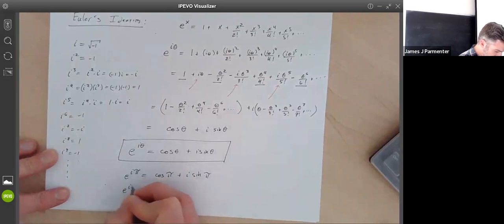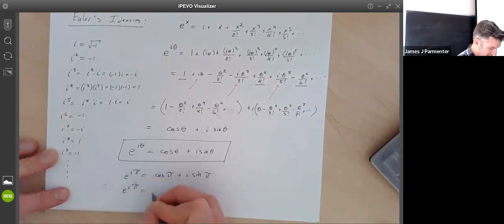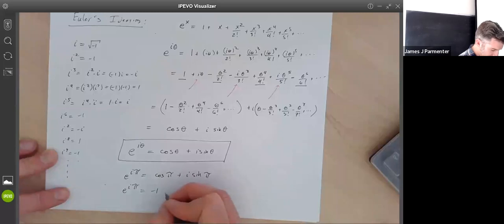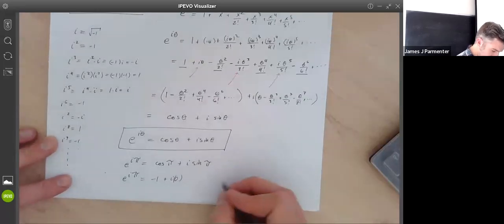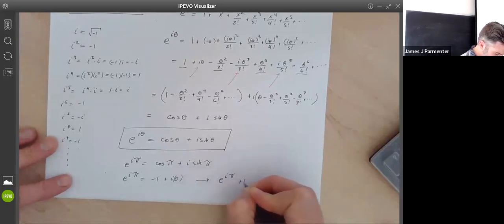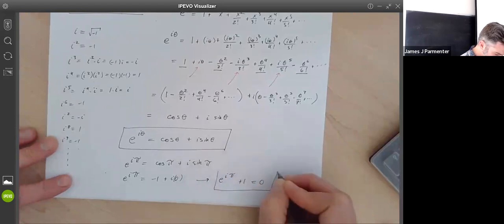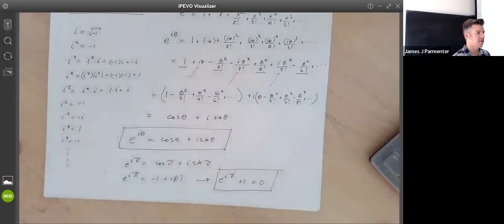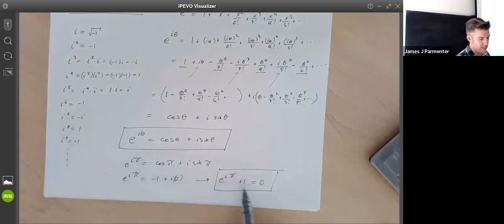So e to the I pi equals, cosine of pi is -1, sine of pi is 0. And then people often write this as e to the I pi plus 1 equals 0. An equation involving 5 of math's most important constants: e, I, pi, 1, and 0. It's neat. It's not particularly important, but it's neat.